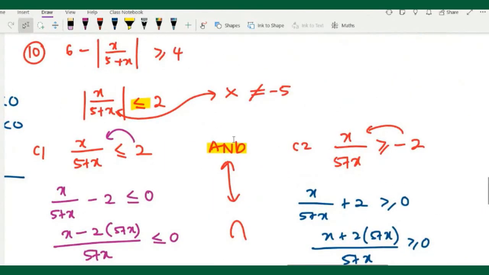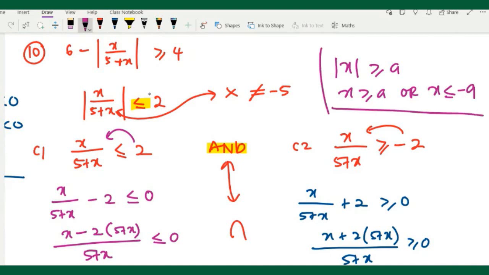Untuk case or ni hanya ada for absolute value sahajalah, bila mana absolute value more than. Kalau modulus x more than a, so x will be more than or equals to a, or x less than or equals to negative a. So or ni hanya untuk case absolute value more than.